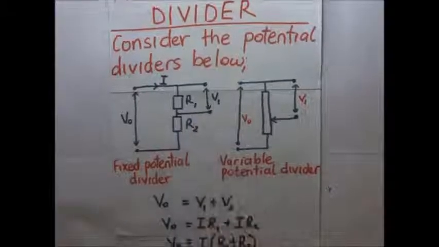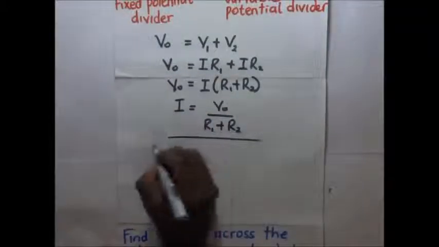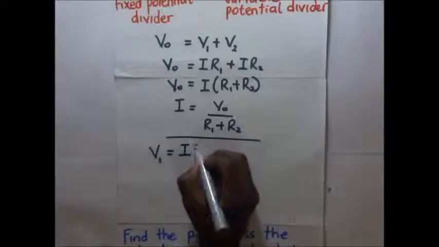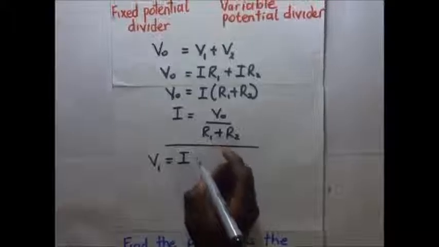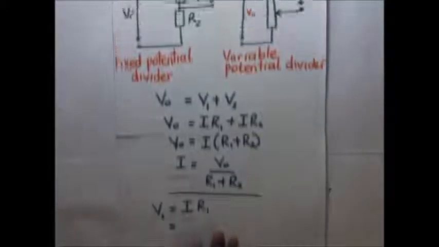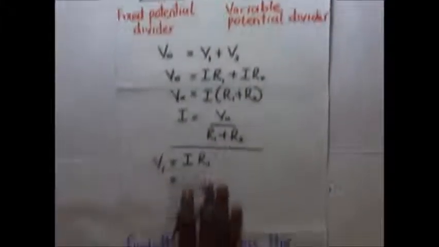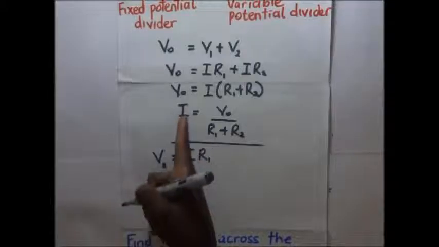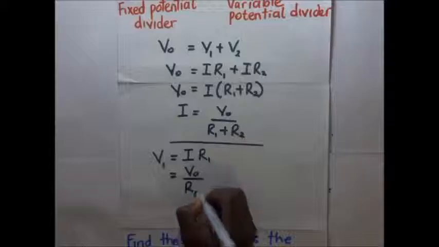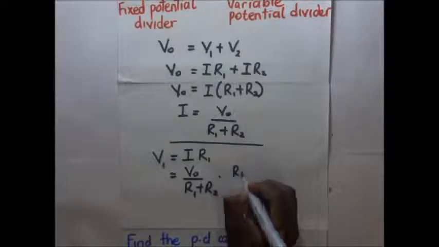So how do we get V1? V1 is simply going to be the current I times the resistance, which is R1. So V1 is going to be the current times R1. We got the current as V0 over (R1 plus R2), multiplied by R1.